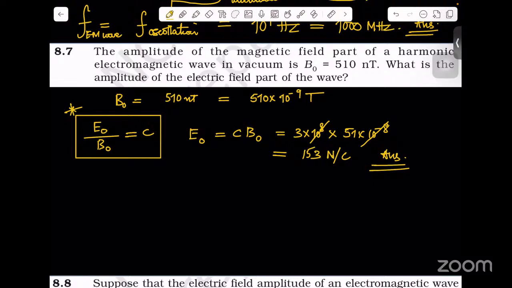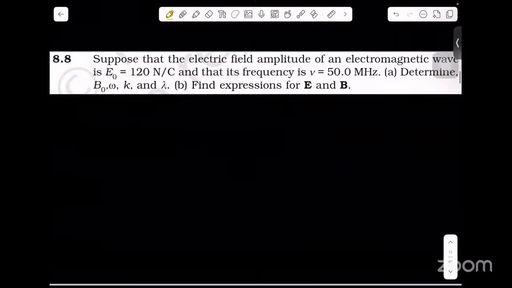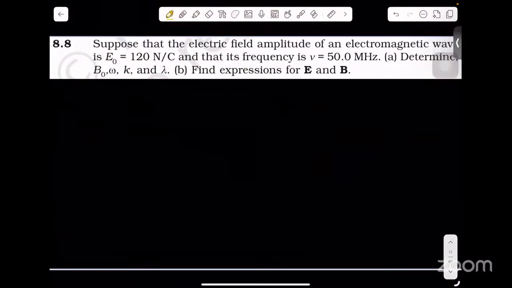All right, so now let's move on to the next question, which says, suppose that the electric field amplitude E naught of an electromagnetic wave is E naught equals 120 newtons per coulomb, and that its frequency is 50 megahertz.